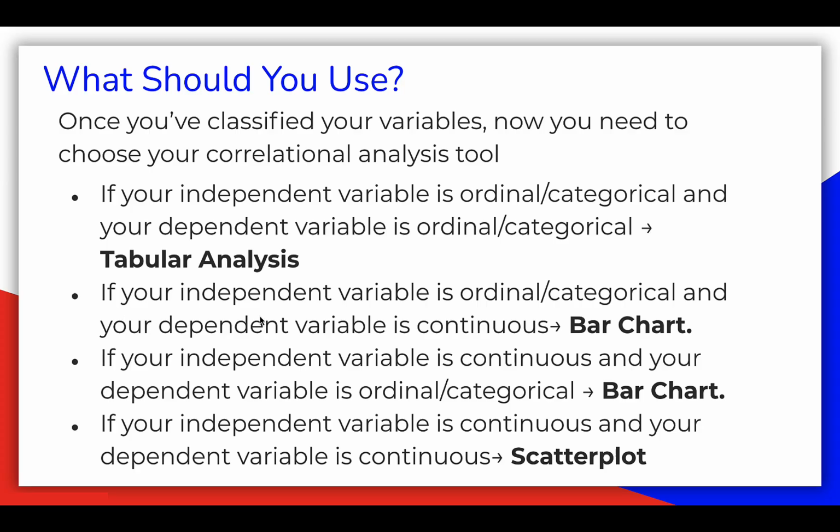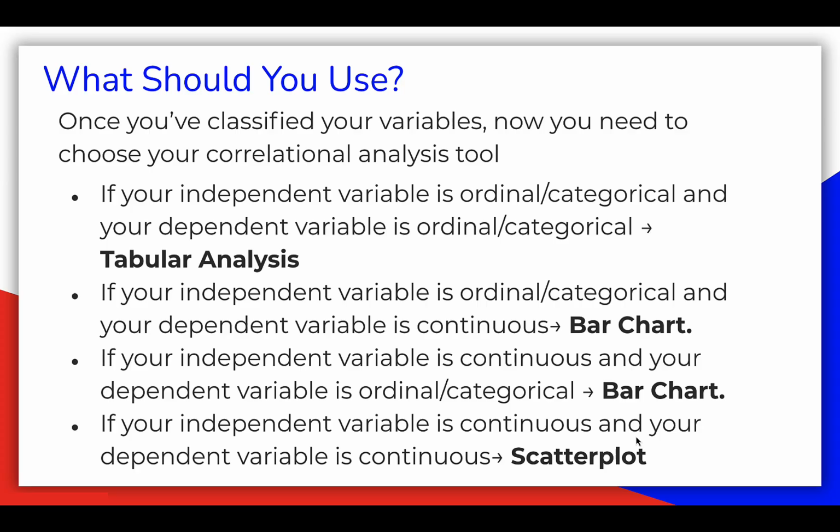If your independent variable is ordinal or categorical, and your dependent variable is continuous, then you will use a bar chart. If your independent variable is continuous and your dependent variable is ordinal, you would again use a bar chart. And finally, if your independent variable and dependent variable are both continuous, you would use a scatter plot.